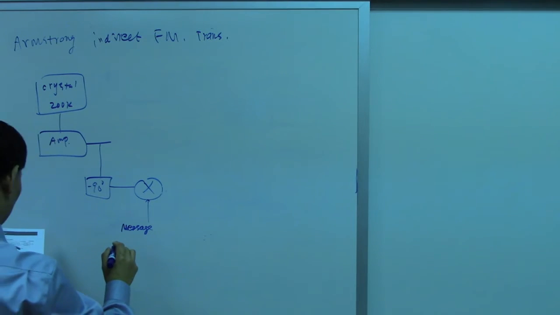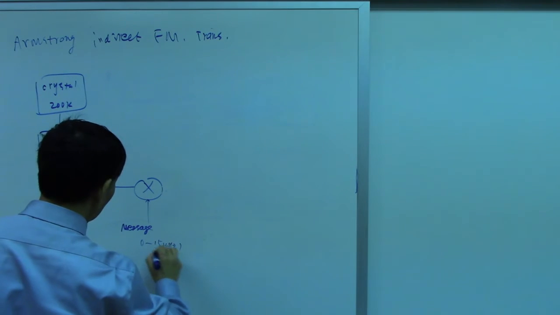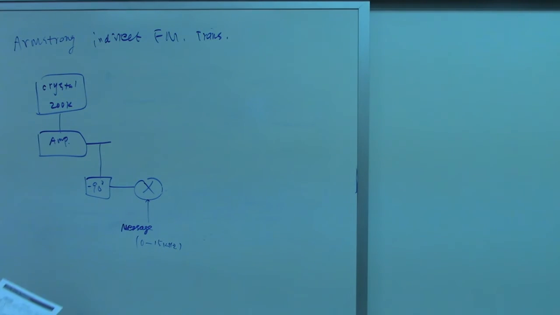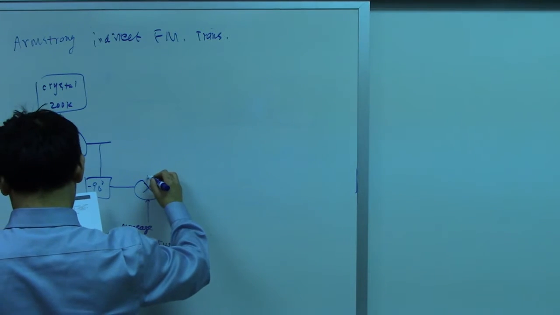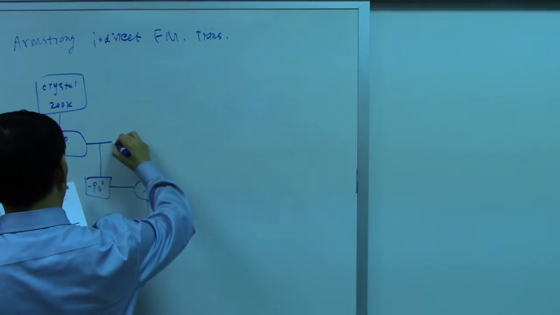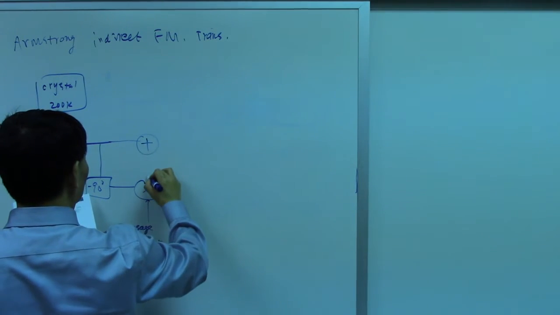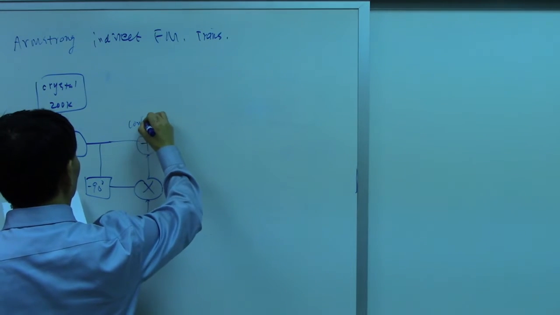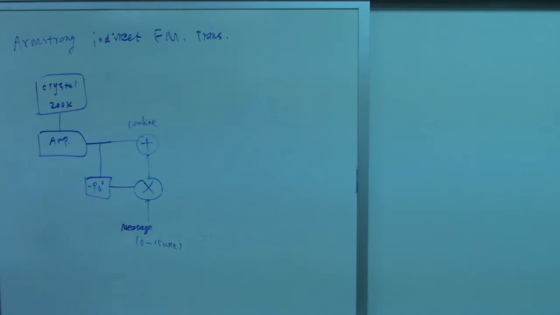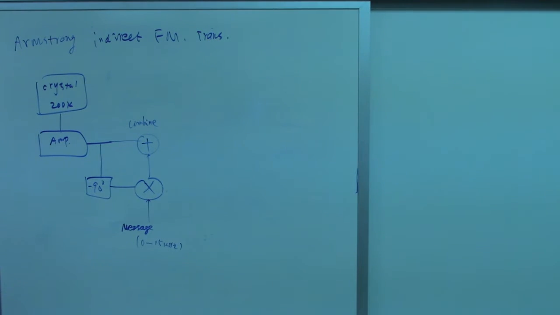The message, for example, from 0 to 15K, like a voice. And this one here is a combiner, called add up together. This one is a mixer, means multiply together. This is a combiner, so add together.